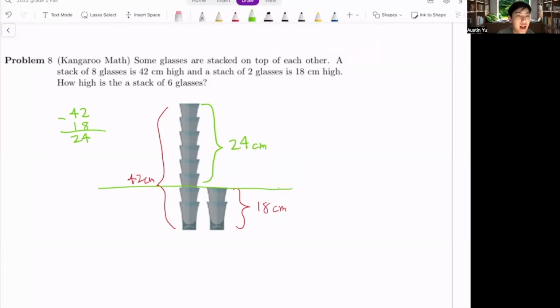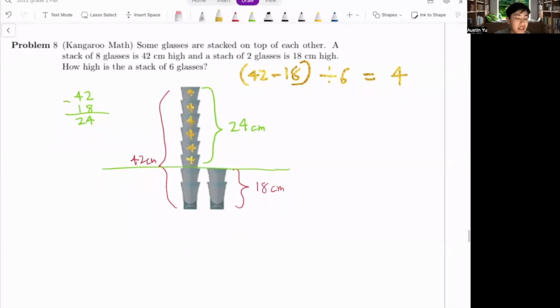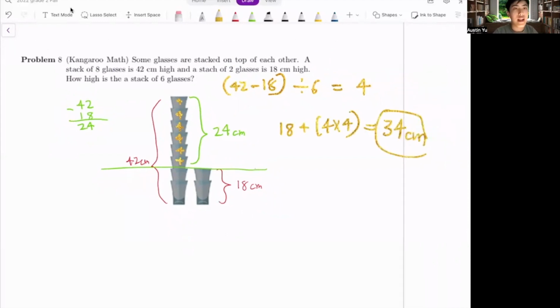And then after this, the height of each partial glass would just be 42 minus 18 divided by 6, since there are 6 glasses in each one, equals 4. So the height of each partial glass is 4. Hence, the height of 6 glasses would just be 18 plus 4 times 4, which would be 34 centimeters. Therefore, the answer is 34 centimeters for a stack of 6 glasses.